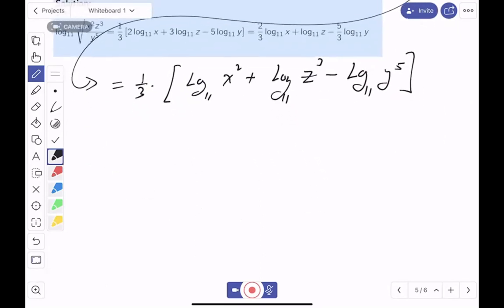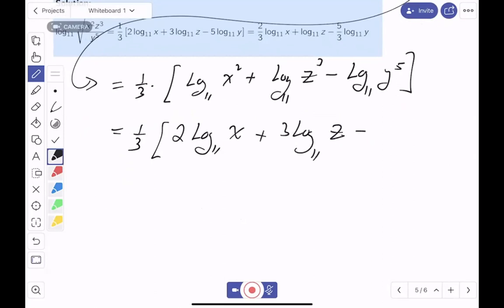We certainly want to match the answers that we're getting in the end. What do you get up here? 1/3 times 2 log 11 x plus 3 log 11 z minus 5 log 11 y. I'm going to multiply the 1/3 across. Looks pretty easy to do.